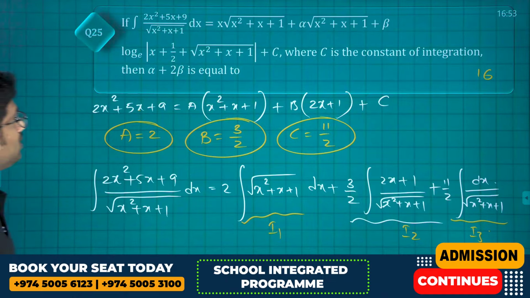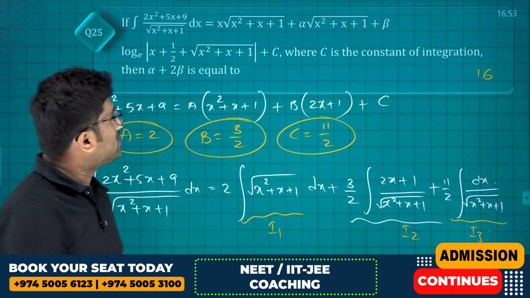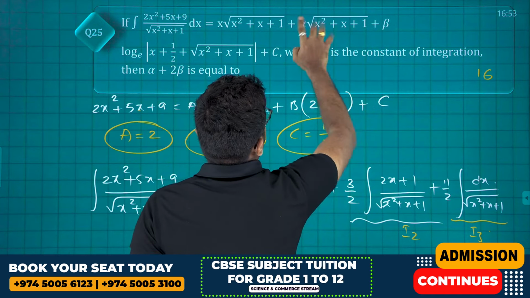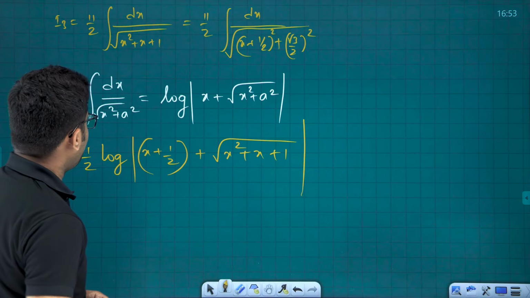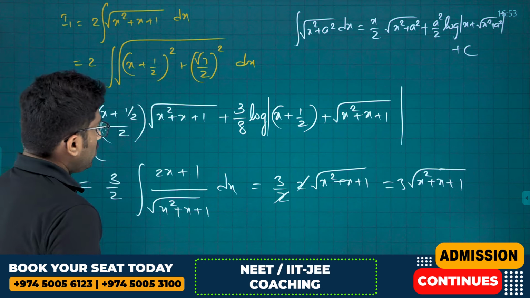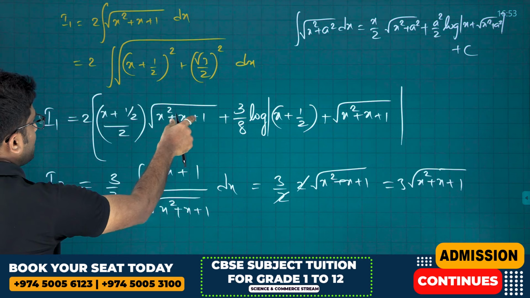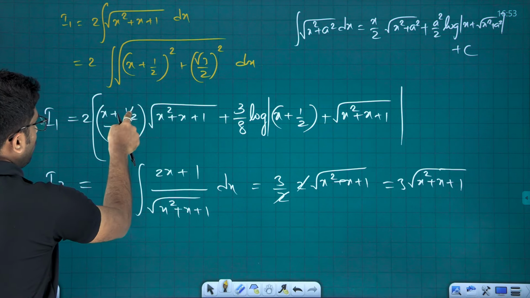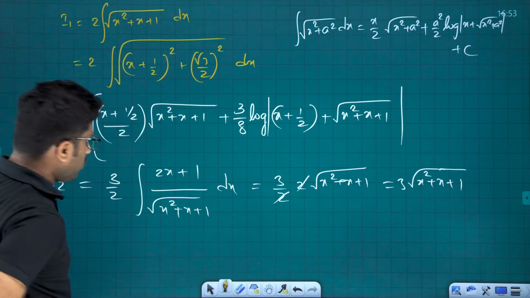Now that's it. What they are asking, they have already given: the coefficient of root over x square plus x plus 1 is alpha. Here, the coefficient of root over x square plus x plus 1 is 1 by 2, since this is being multiplied by 2, so we get 1 by 2 here.